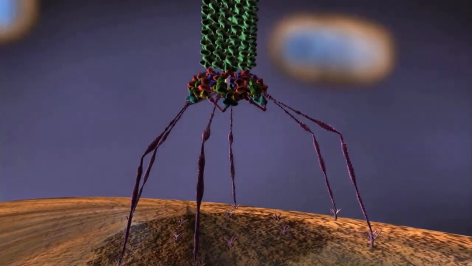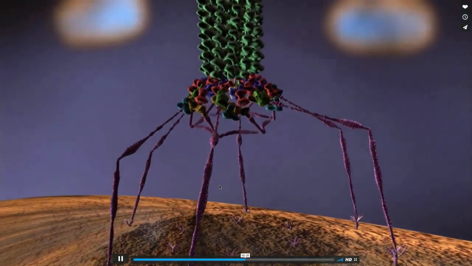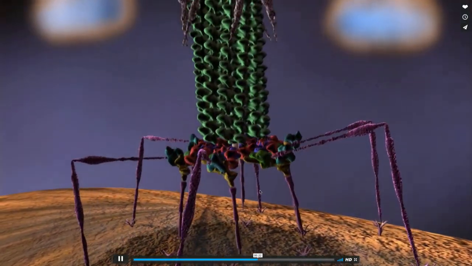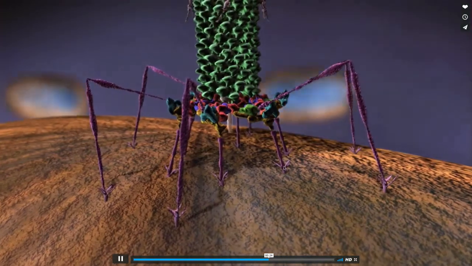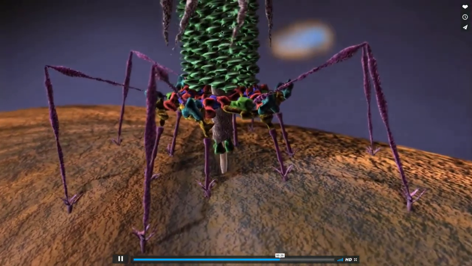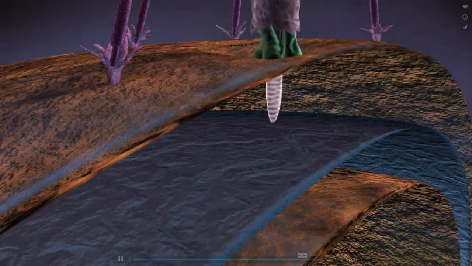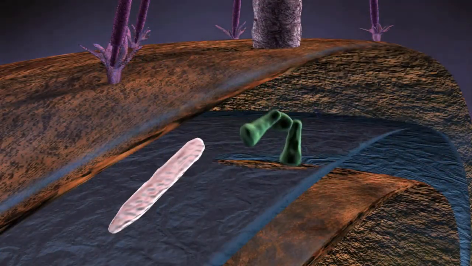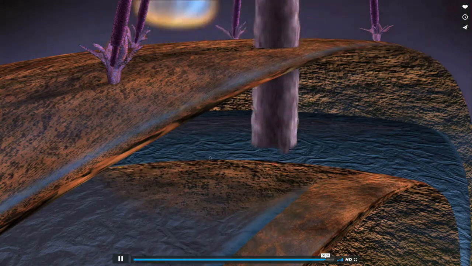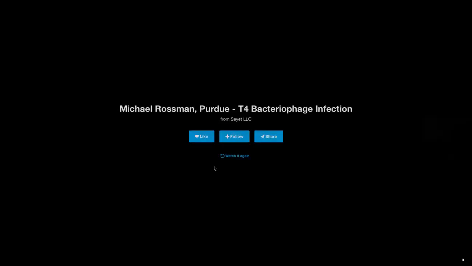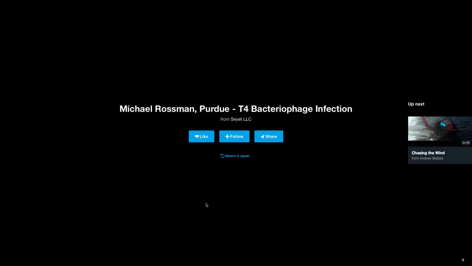E. coli is gram-negative, so it's got two membranes here. And it's two different receptors that they interact with. First those here, then these here. And then there's this compaction process. This is the drill, which literally drills the part of the tail through the first membrane. Then there are enzymes that degrade the inner membrane, and the genome is actually released.